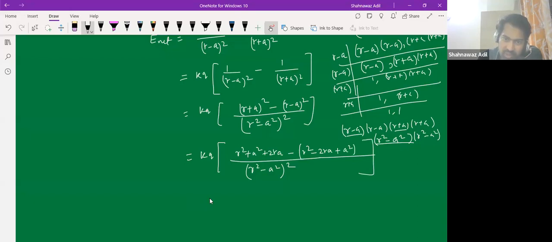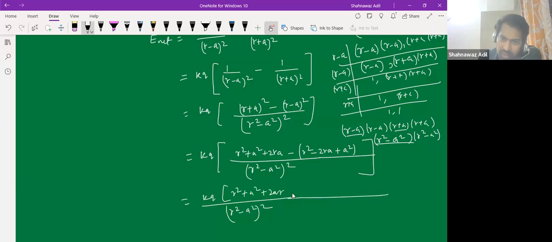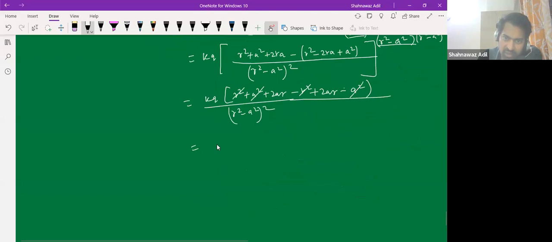So this is KQ over R square minus A square whole square, times R square plus A square plus 2AR minus R square plus 2AR minus A square. So this one cancels, this one cancels. And we have KQ, 4AR divide.